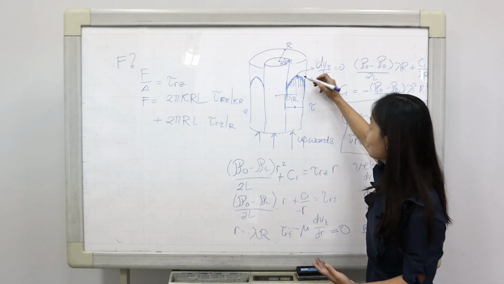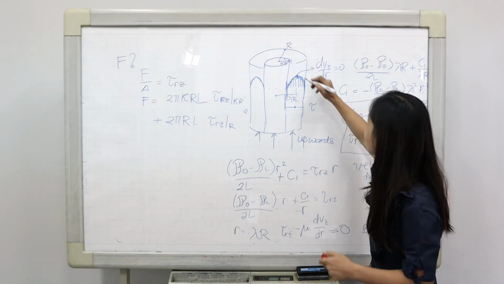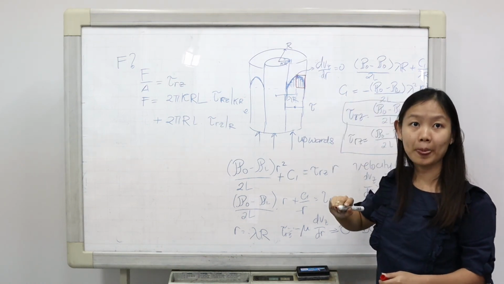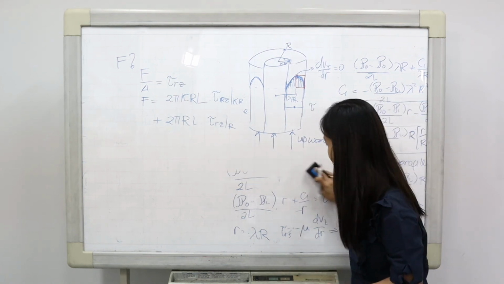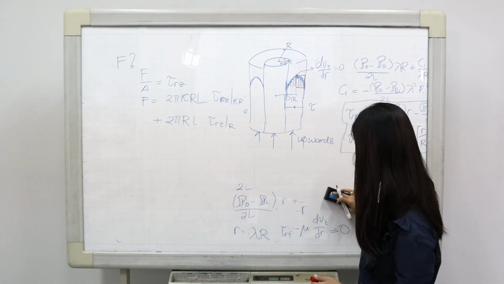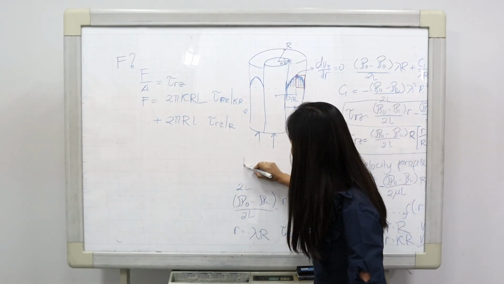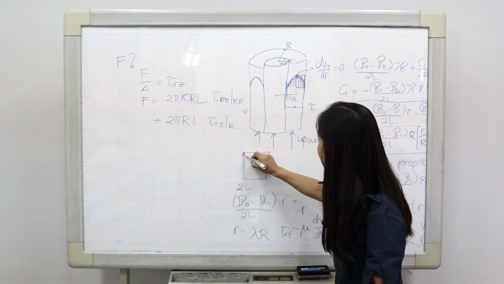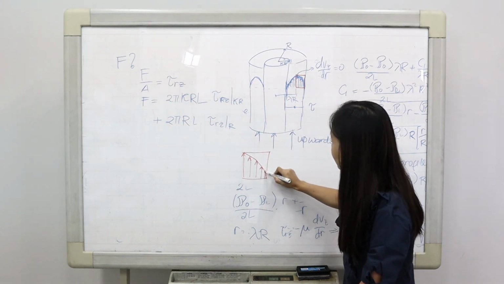Okay. Now, if I take just this part of the velocity profile, I will have something like this.